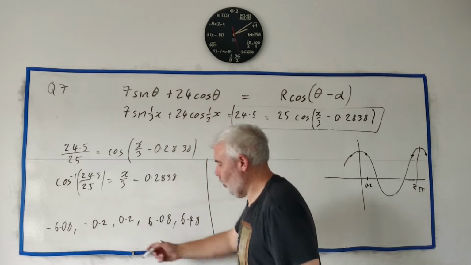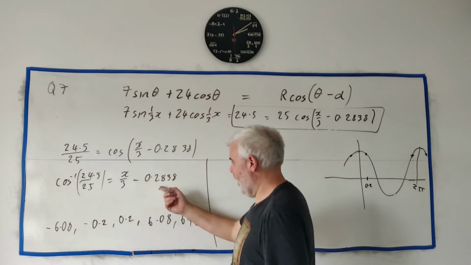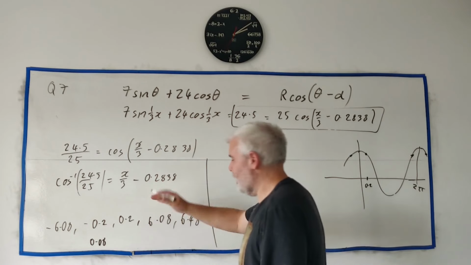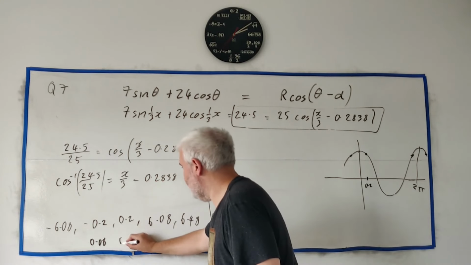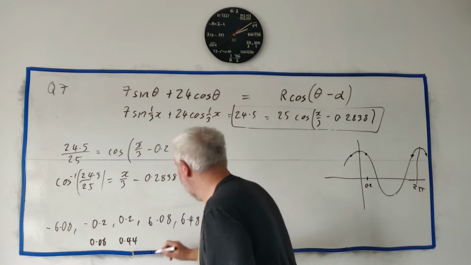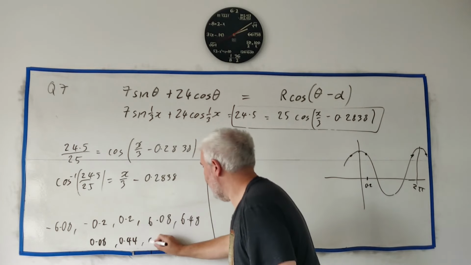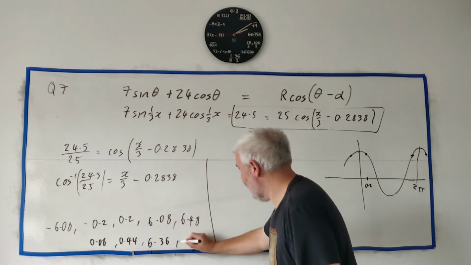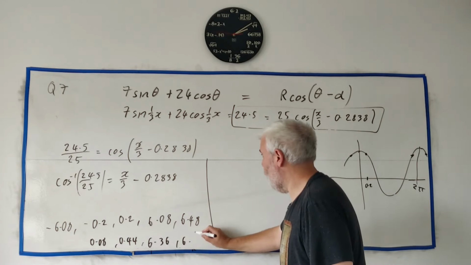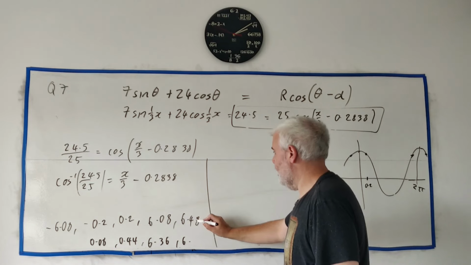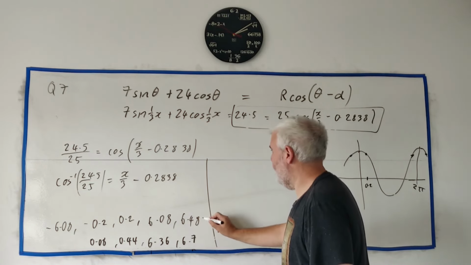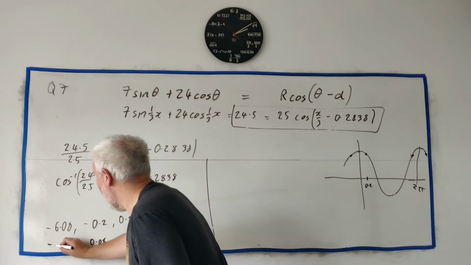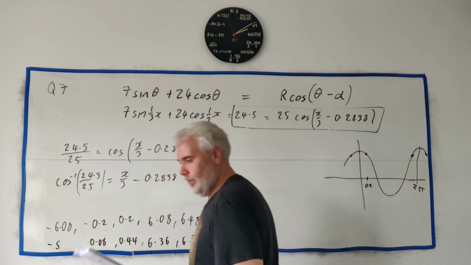Adding this number to all of these, I guess I can do this in my head: 0.08, again, just roughly, 0.48, 6.36, 6.4, 6.6, 6.7.